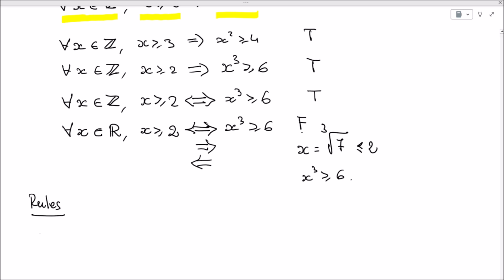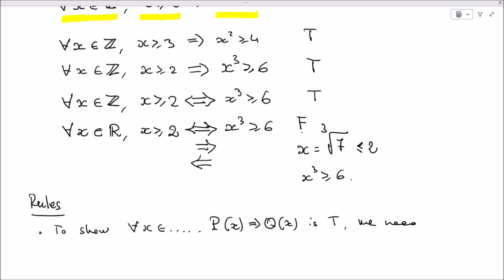Whenever we want to show that for x that belongs to some set within some context, P of x implies Q of x is true, in other terms, if we want to prove that P of x is a sufficient condition for Q of x, well then we need to provide a proof.